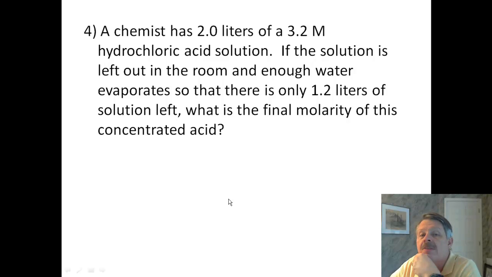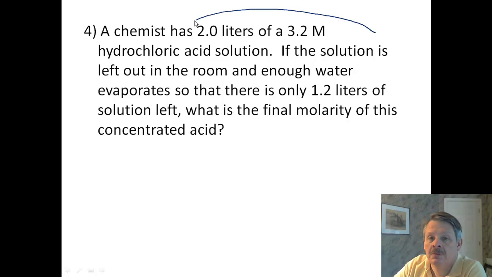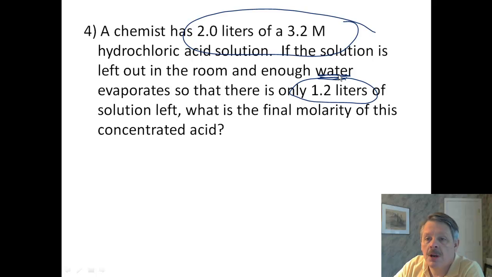All right, 2 liters at 3.2 molar. That's our initial system. And now for our final system, we only have 1.2 liters of it left because some water evaporated. That means it's more concentrated, so our molarity should be bigger. Let's see if that in fact happens. M1V1 equals M2V2. I take my initial molarity, which is 3.2, and my initial volume, which is 2 liters, and I'm doing everything in liters now.